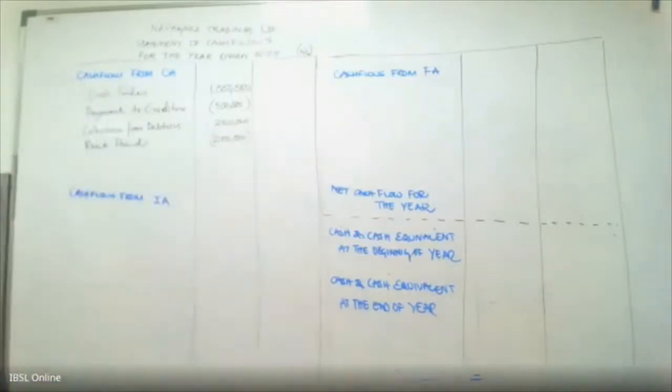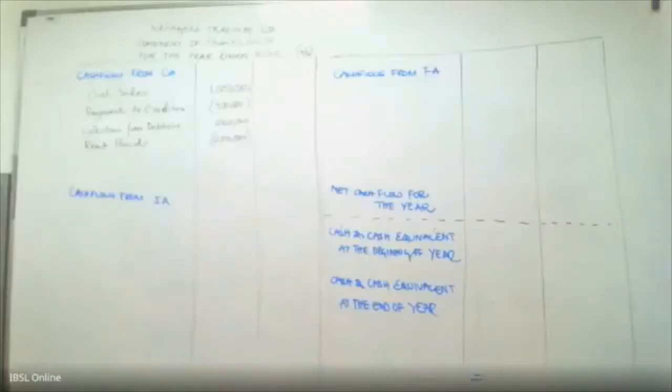Then the next item. What is the next item? Share issues. Financing activity. They say proceeds from share issue. So where does it go? Financing activities. Very good.